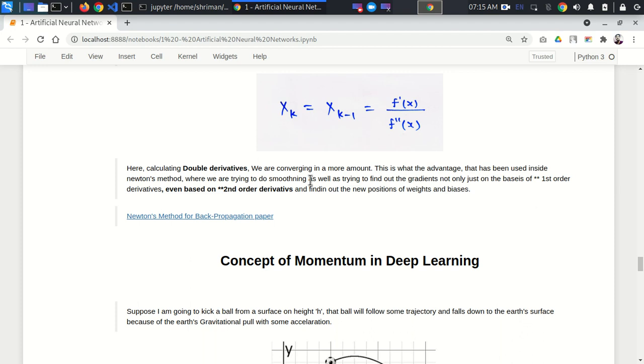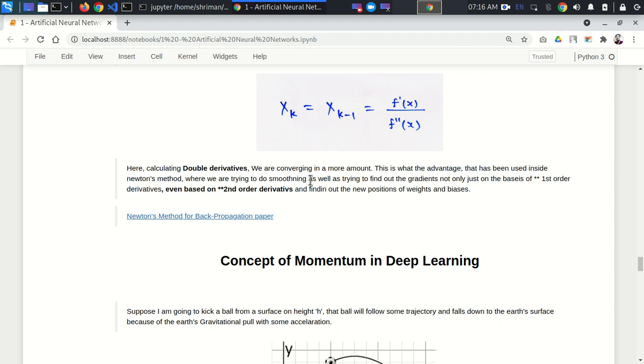He made some kind of hypothesis, and that hypothesis he proved, and maybe in some research papers you will find that Newton's equation has been used as an optimization algorithm, and that's why you should also be aware of that.